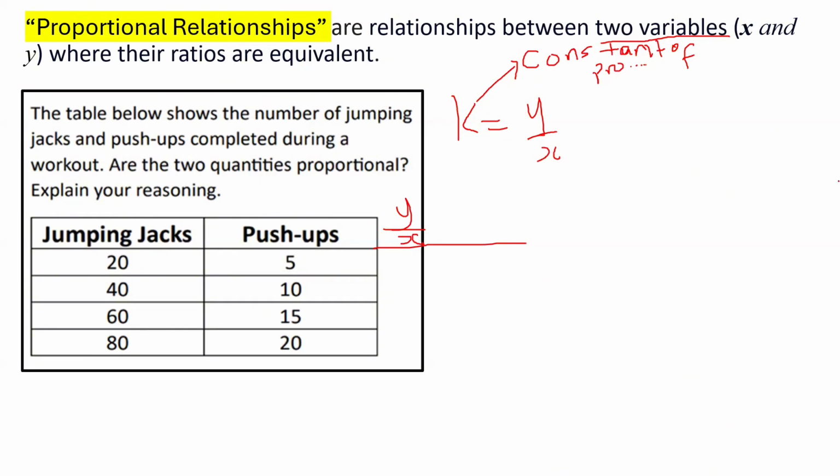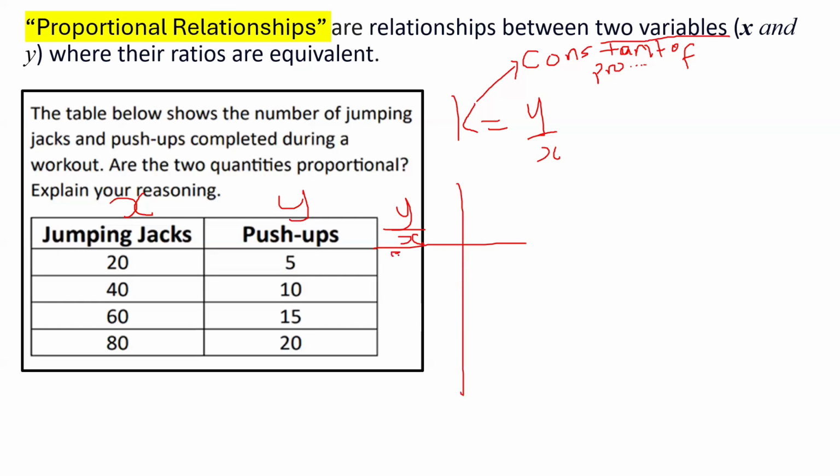So given the table, your first column is always your x and your second column is always your y. And this is only if the data in the table is arranged in column form. If it is arranged in rows, then your first row will be your x and your second row will be your y. So now that we established that, we are going to go ahead and divide.